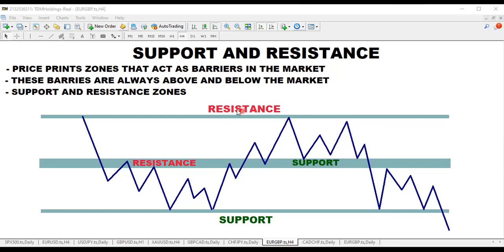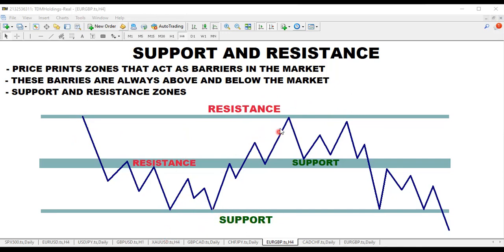So now resistance, we see resistance when the market has bounced and then it bounces again, right? So a significant bounce previously will then create a resistance. The same as the support, a significant bounce or significant bounces before will then create a support. So resistance will act as the ceiling and support will act as a floor.